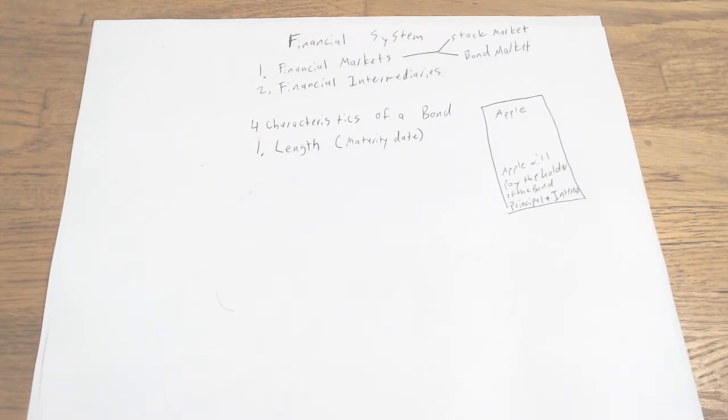The length of a bond, or the bond's term, matters very much for the interest rate you'll be getting and how long it'll take for the bond issuer to pay back the buyer of the bond. The lender, not the borrower.